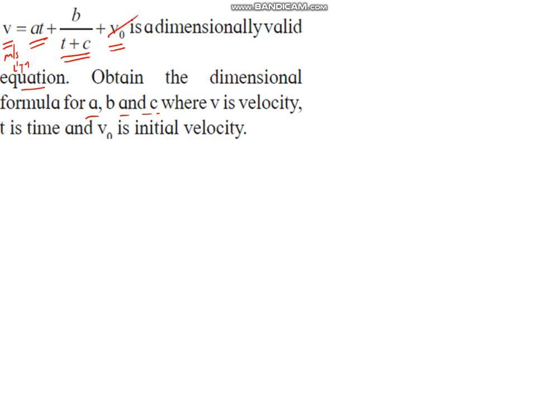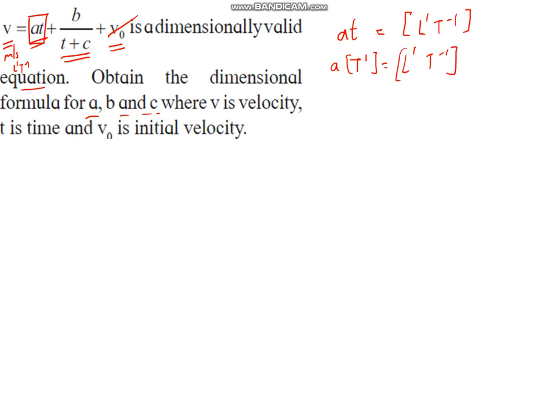So we are done with this part. Let us talk about this part AT. So AT will also have the dimensions L1 T minus 1. And we already have time over here. So time will have dimension T1. Okay.